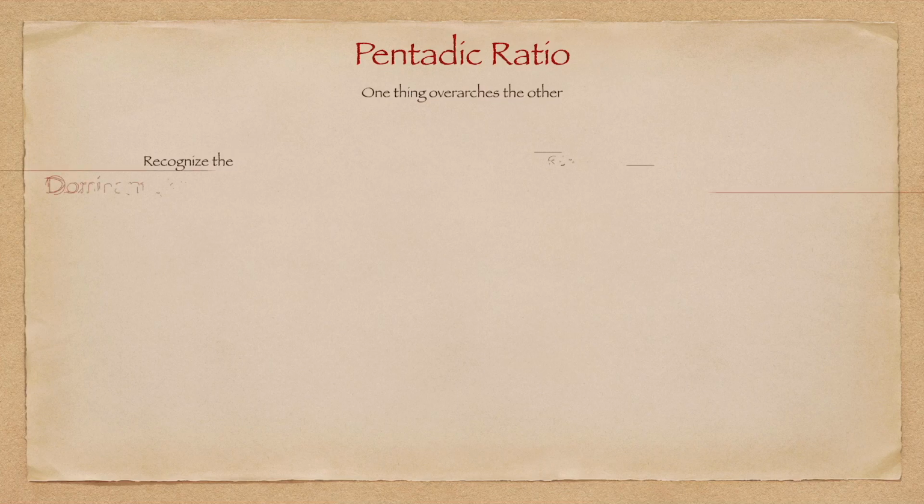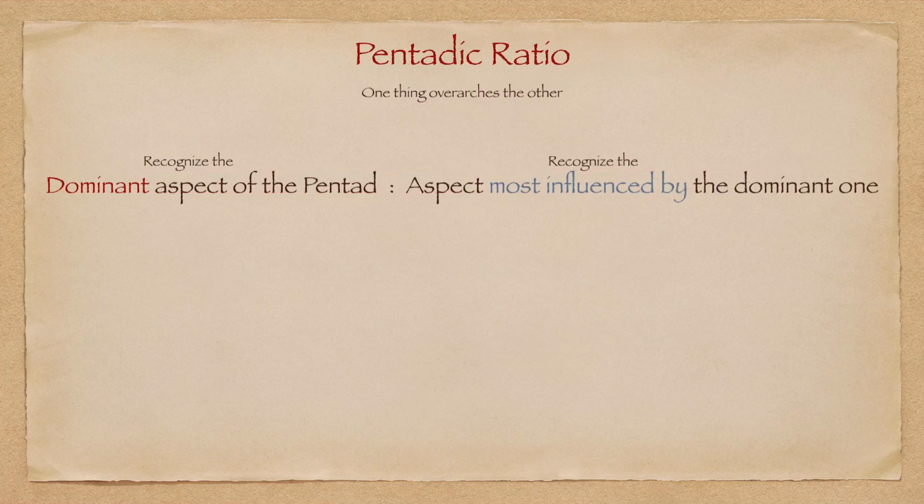But also, you're going to focus in on that secondary aspect of this. So the dominant element is the aspect of the pentad that we have said is the star of the show. It's the one that overarches all the others. But, Burke says, once you do that, it's going to overarch the other four. Okay, that's clear. That's plain.